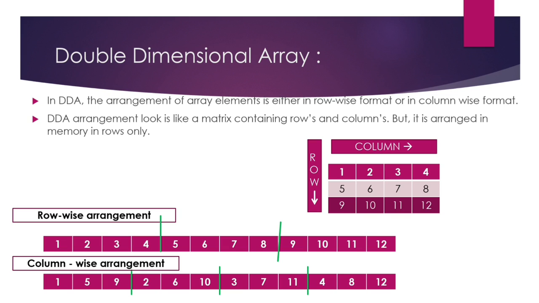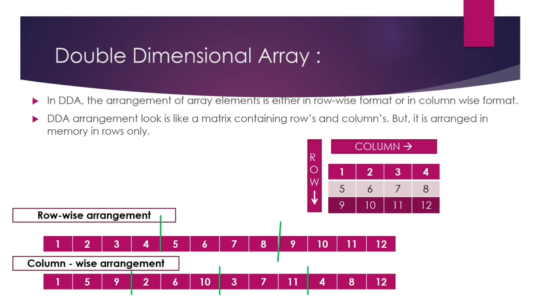Then our second column, 2, 6, 10, in one line only. Then we have 3, 7, 11, stored in a row only. Then we have 4, 8, 12, also stored in a row only. Now you are familiar with the row wise and column wise arrangement.